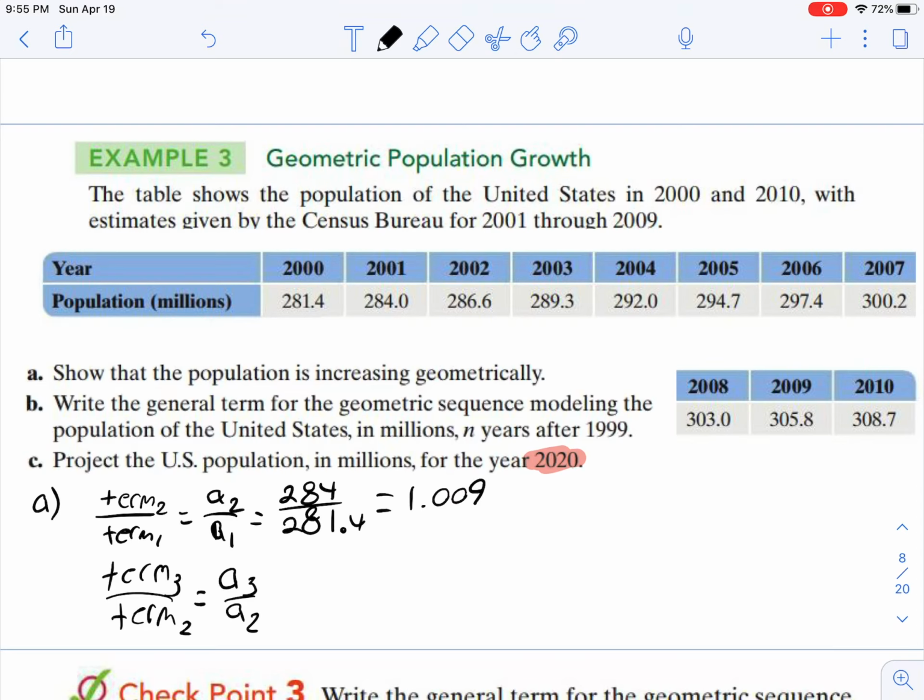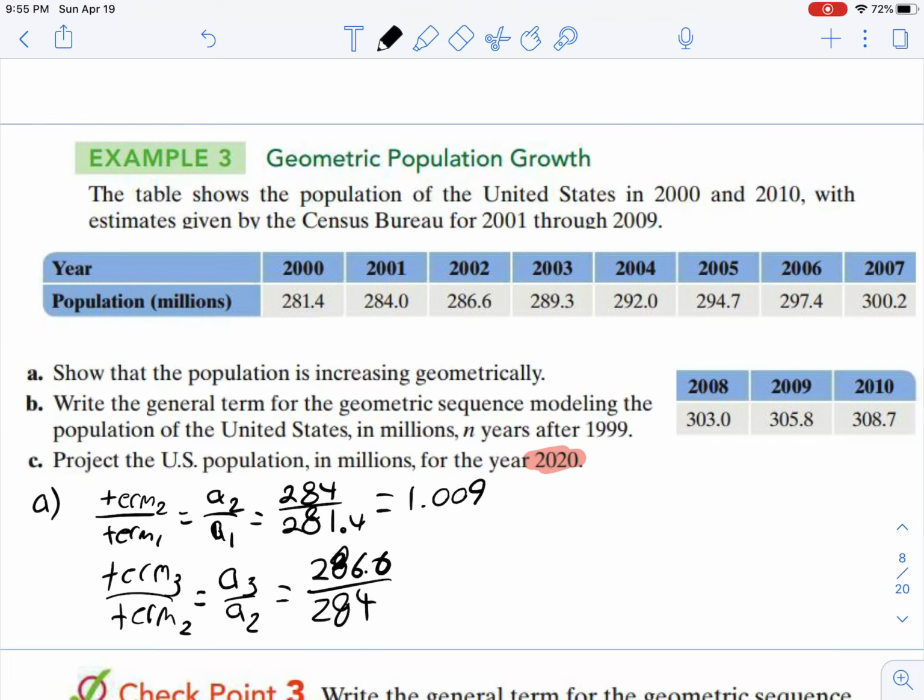And then we're going to do the same thing here. We're going to take a sub 3, which is 2002, 286.6, and divide that by 284.